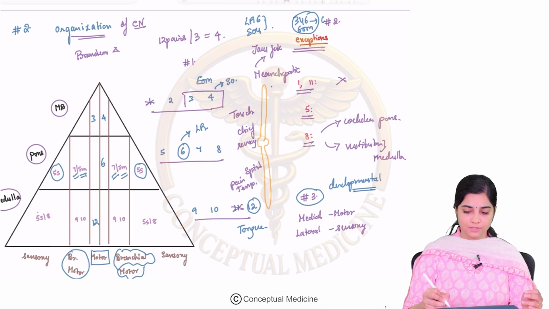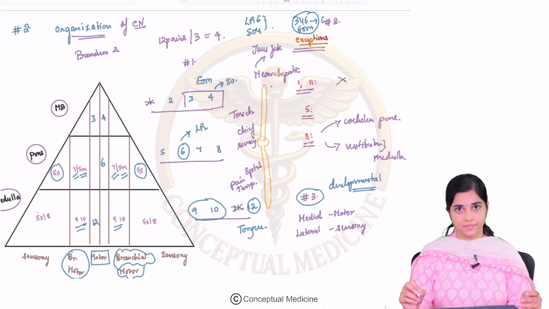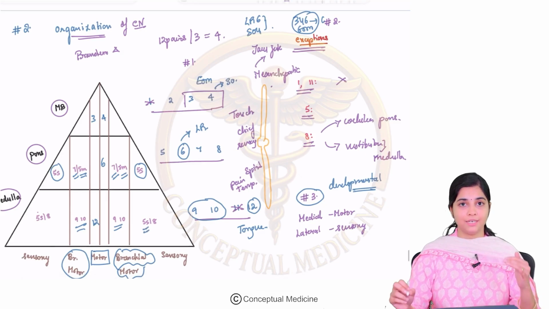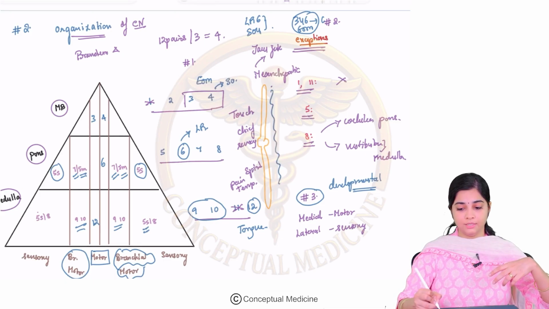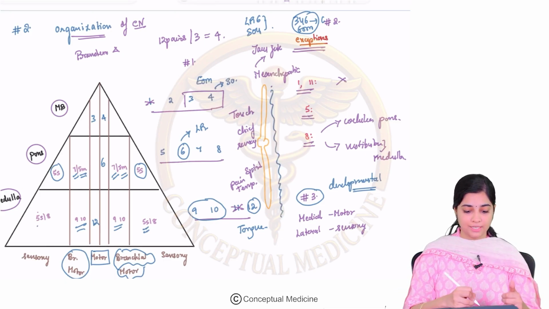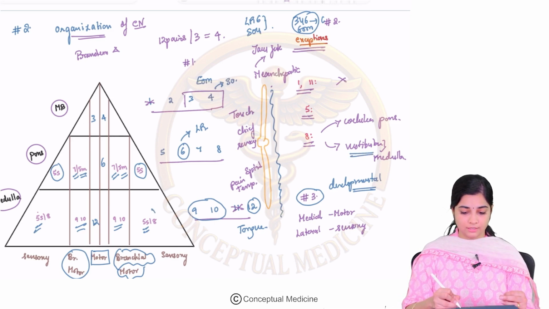At the level of the medulla, the branchial motor nerves which supply the muscles of the larynx and pharynx, 9th and 10th cranial nerves, are slightly lateral. And again, 5S, I told you, is an exception, right? It extends up to the medulla and the spinal cord. So 5S is present here as well. And the 8th cranial nerve, the vestibular nucleus of the 8th cranial nerve, is present laterally.